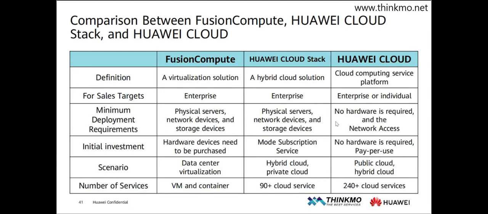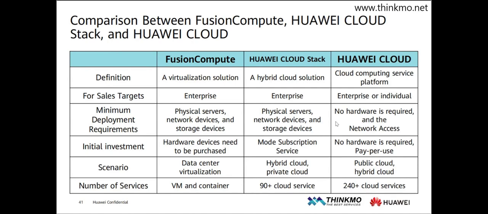As for the applicable scenarios, we've basically covered most of it earlier, so Fusion Compute is mainly for internal private enterprise use. For data center virtualization, generally it's for data center virtualization. As for Huawei Stack, it leans more towards tailoring our private cloud for enterprises.